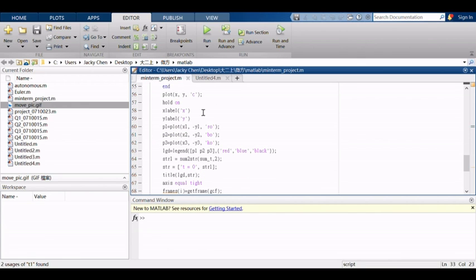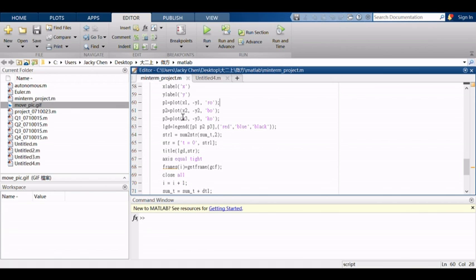And hold on, we let the label of x equal to x, the label of y equal to y, and we plot the first ball as the red ball, the second ball as the blue ball, and the third ball as the black ball, and they are all upside down because I flipped it upside down first in the equation. And then let P1, P2, P3 have a label named red, blue, and black.